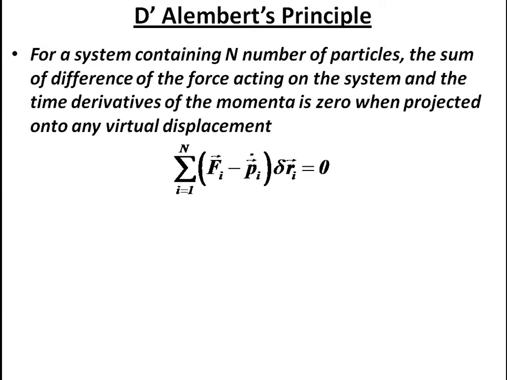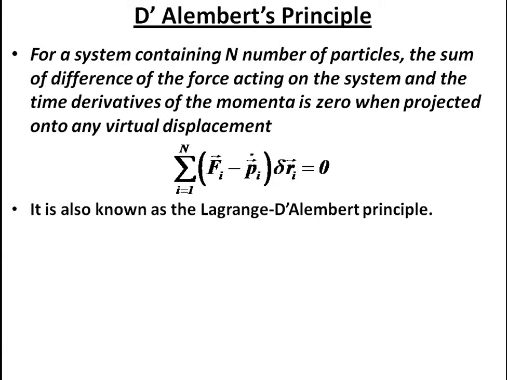You are summing over N number of particles. Fi is the force acting on the ith particle, and you can see Pi dot. Minus Pi dot is called the reversed effective force. It is a mathematical manifestation of the statement we made at the beginning.